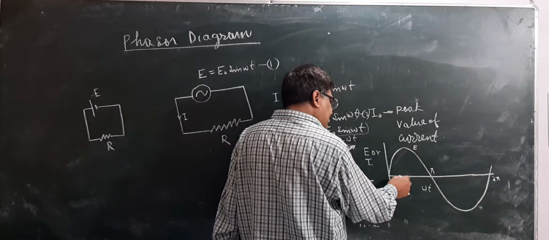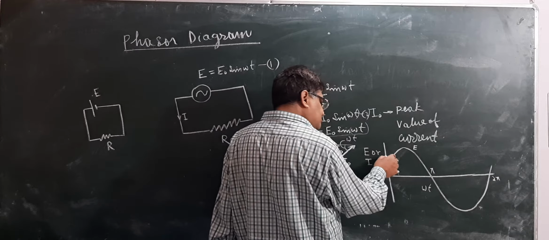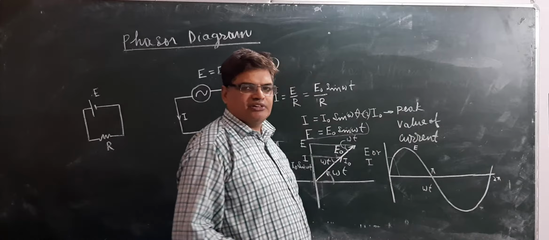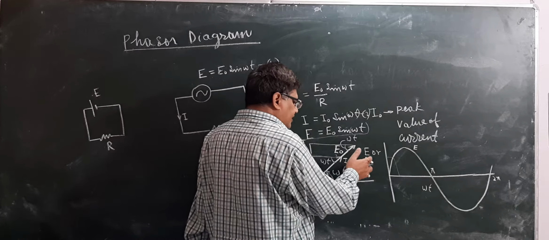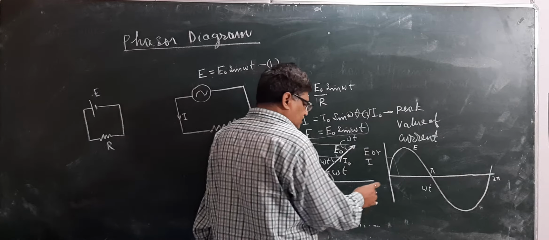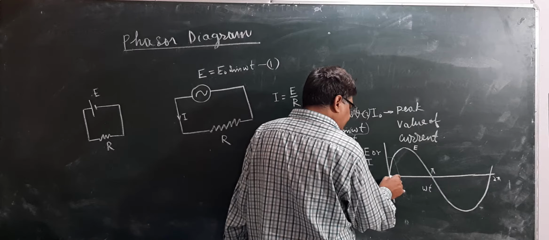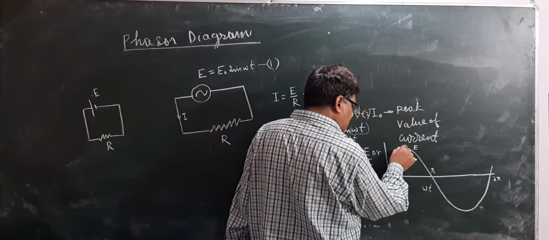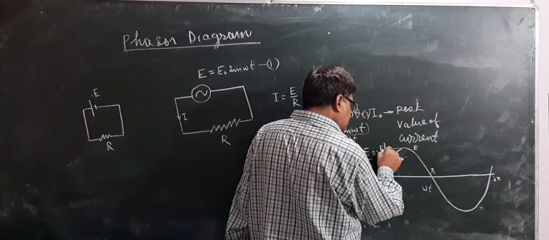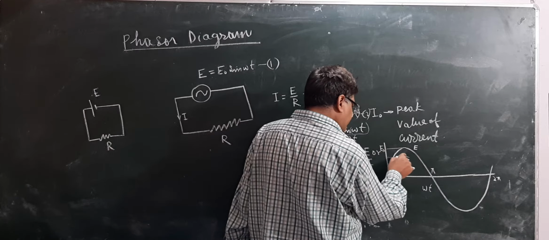So for different values of the phase angle, you will get different values of the instantaneous EMF. And as you know that E and I both are in the same phase, so you will get the value of I like this. When you get the peak value of E, that is E naught, you will get the peak value of I, that is I naught.